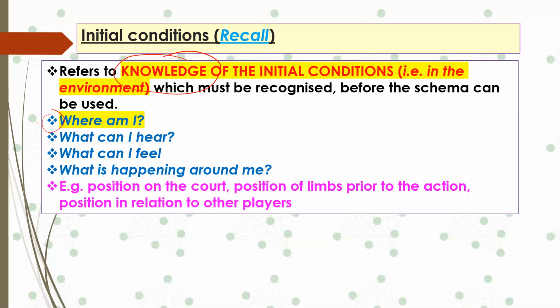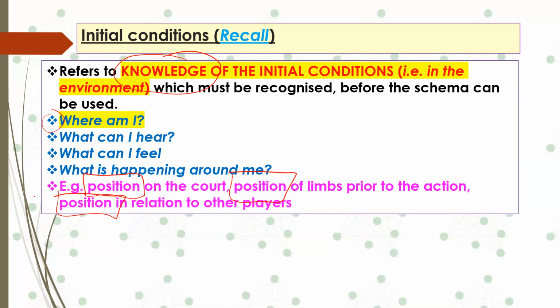All of those things, before any of that happens, what's the current position? So your position on the court, position of the limbs, and then potentially your position in relation to other players involved. So if it's tennis, you might be considering where your opponent is, whether they're forward on the court, whether they're left on the baseline, whether they're deep, well behind the baseline.